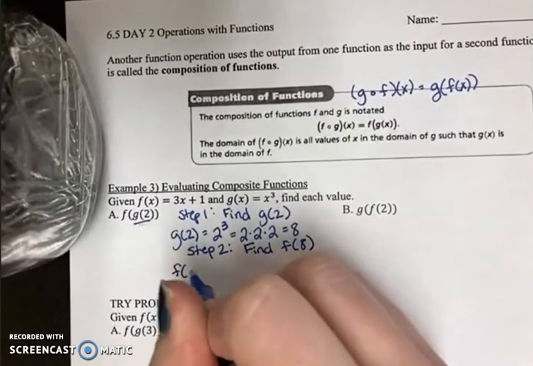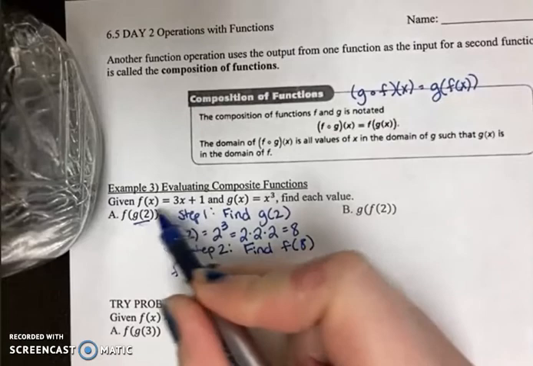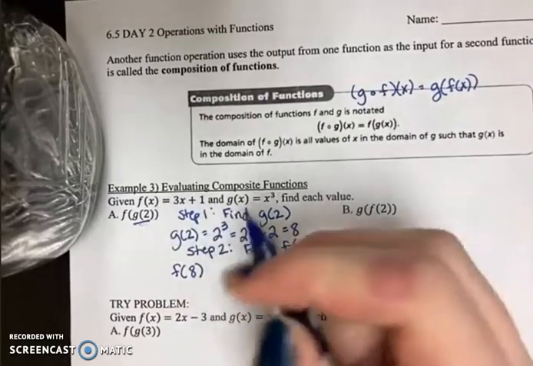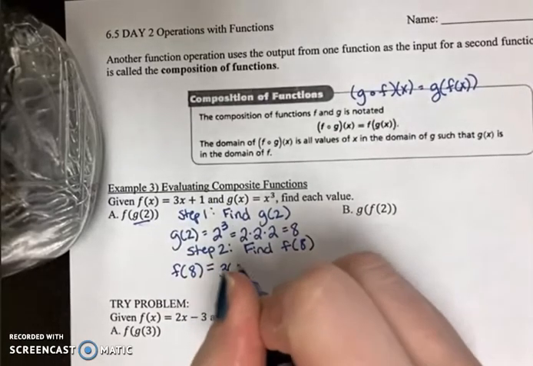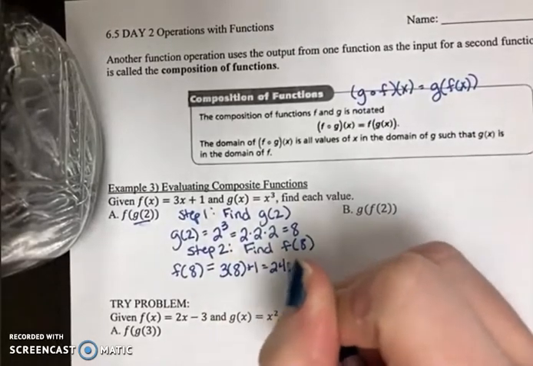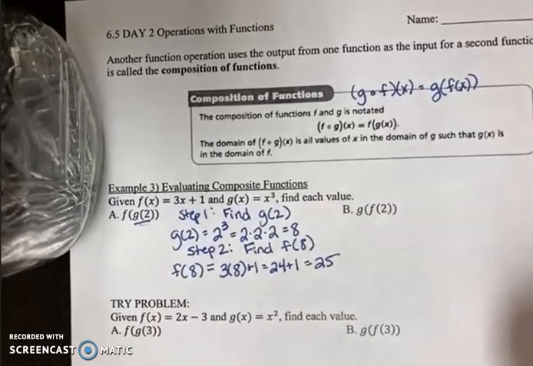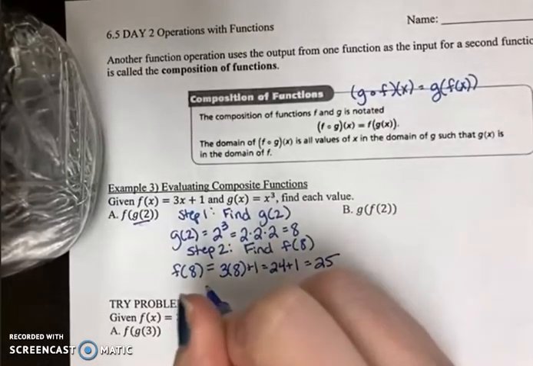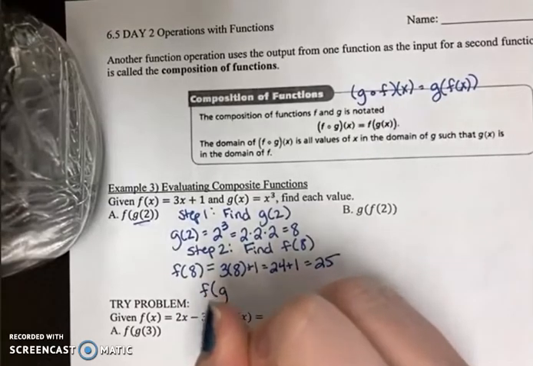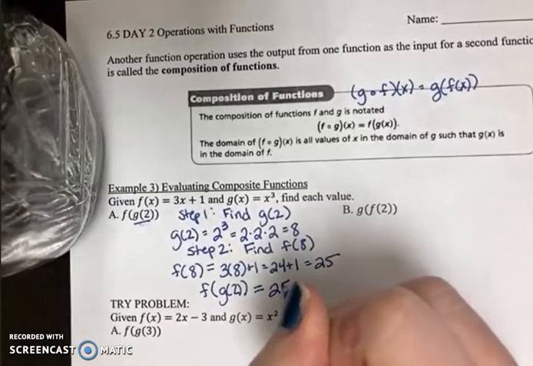So that's function f evaluated at 8. I'm plugging in 8 wherever I see x in the f function. So that's going to be 3 times 8 plus 1, or that's 24 plus 1, which is 25. So our final answer is f of g of 2 equals 25.